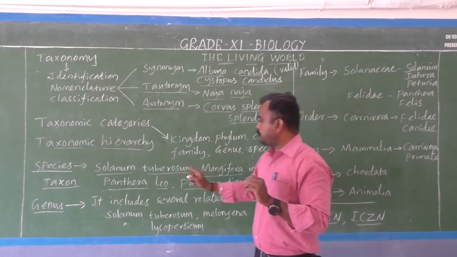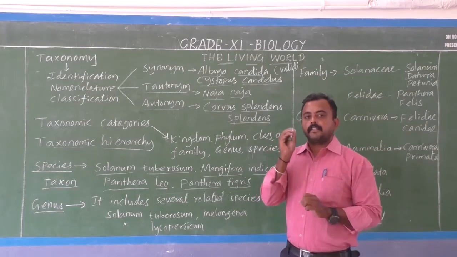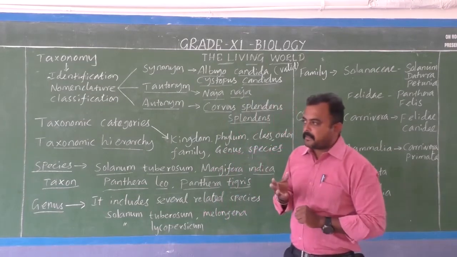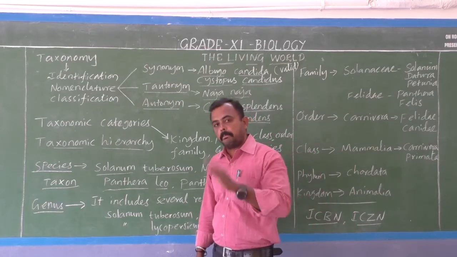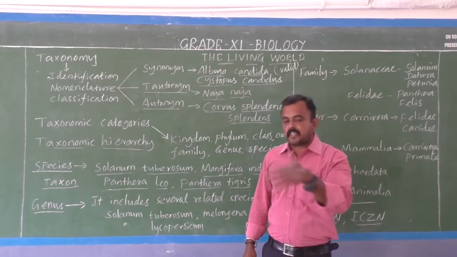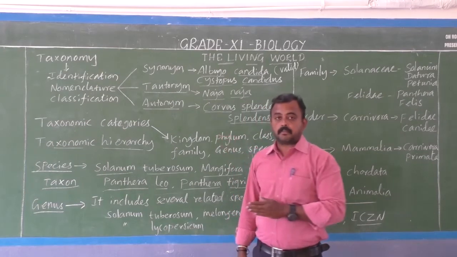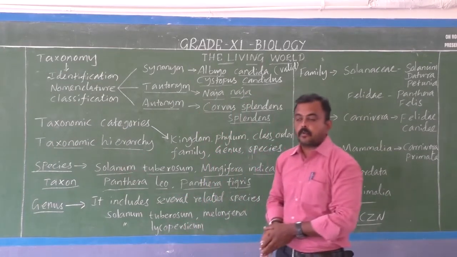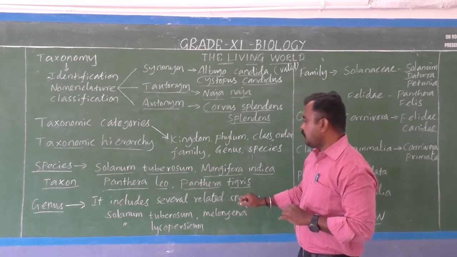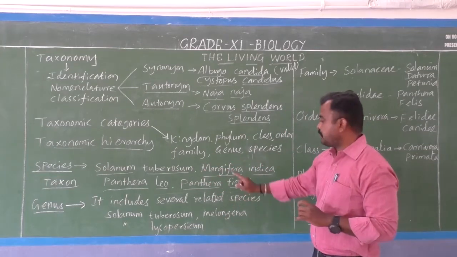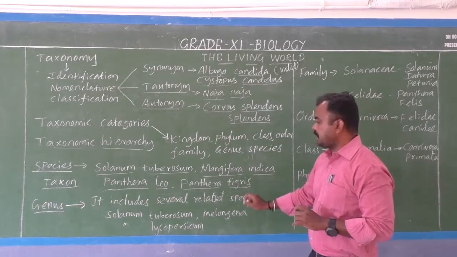So species means a group of individual organisms having some common character, and they interbreed. The next, they have the same chromosomal number when reproduced generation to generation. Examples: Solanum tuberosum, Mangifera indica, Panthera leo, Panthera tigris.